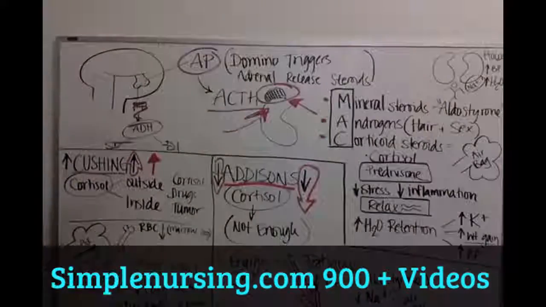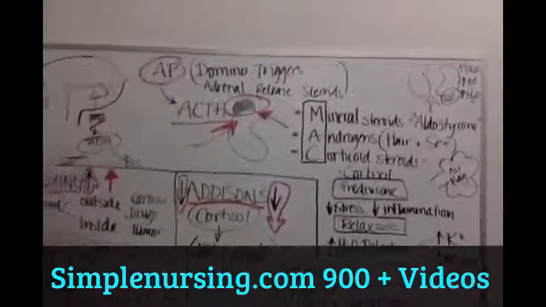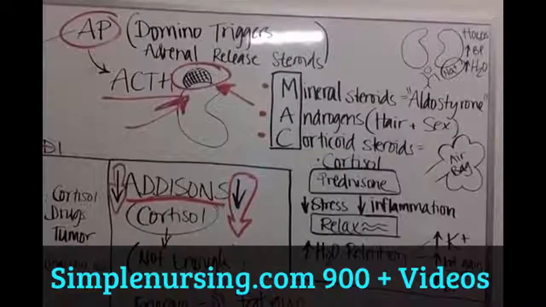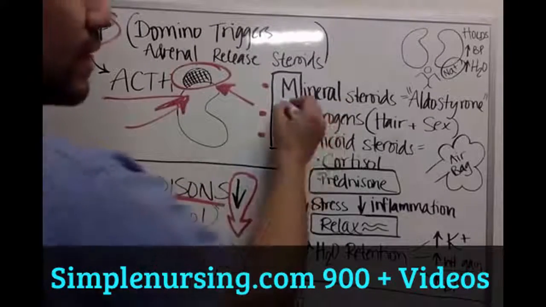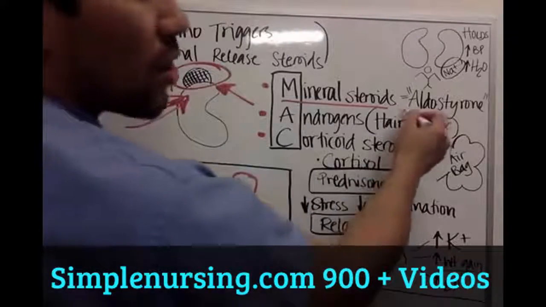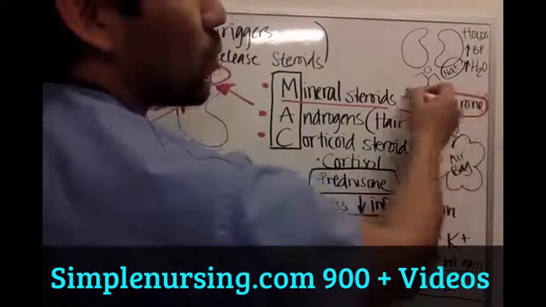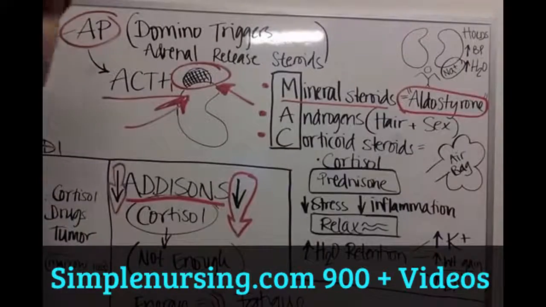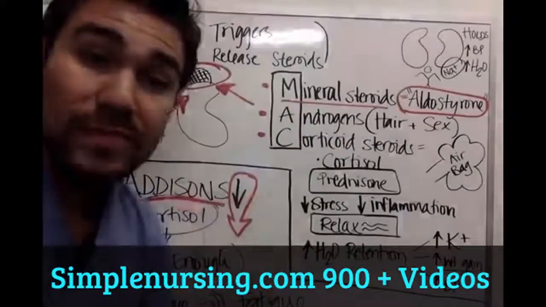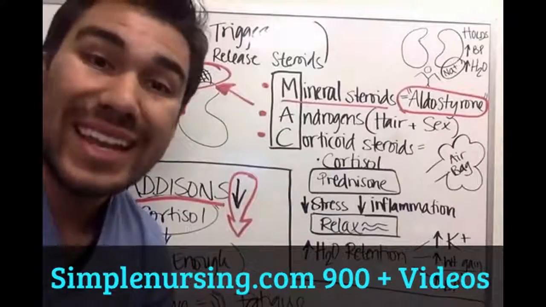And here's what MAC stands for. M stands for mineral steroids, and the mineral steroid your adrenals produce is aldosterone. Aldosterone is that bouncer at the nightclub doors of your kidneys.